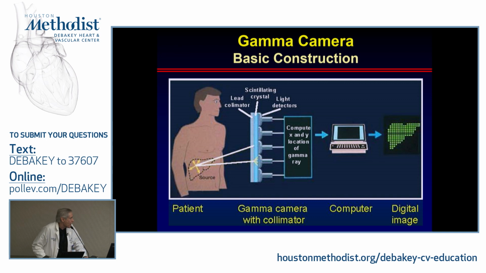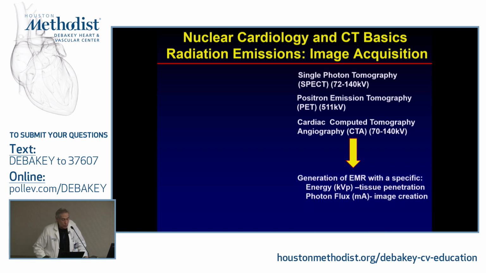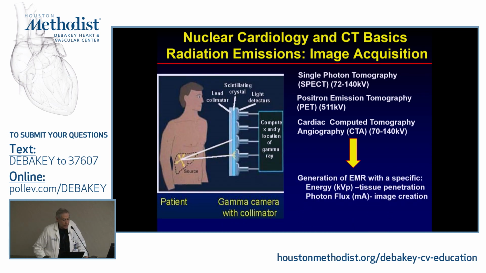So in a typical gamma camera, you have the source, you have a lead collimator that sits on top of the crystal, then you have the crystal, then you have light detectors, and all of that light is then acquired and defined in terms of its locale, and an image is created. And again, that's with light. So with single photon tomography, with positron emission tomography, we have what we call emission data, right?